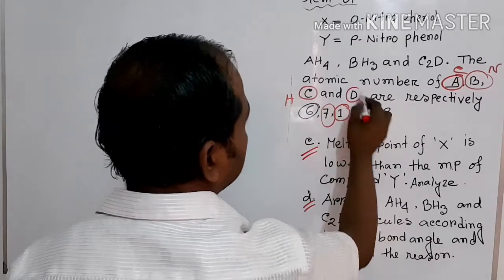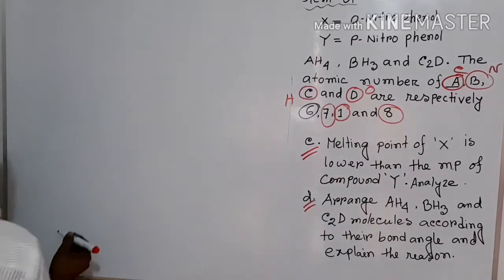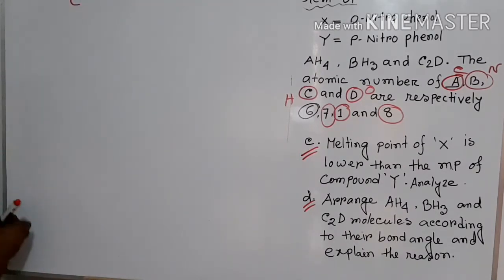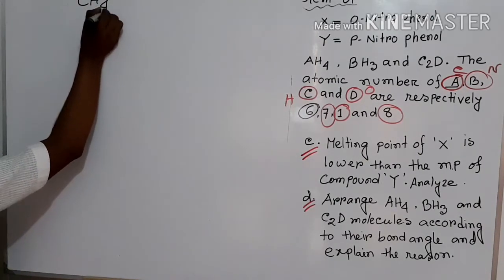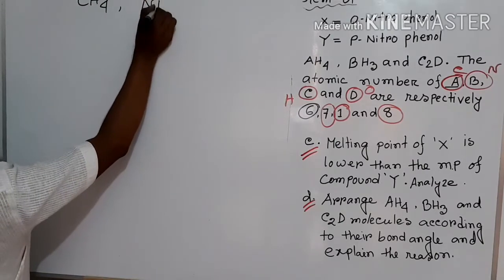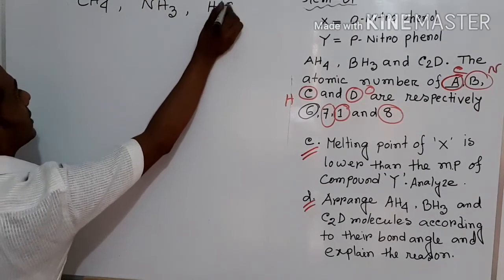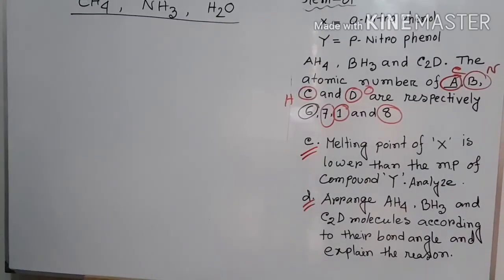And D, atomic number 8, so D is oxygen. So the compounds are CH4, NH3 and water. Now we discuss the shapes and angles of these compounds.